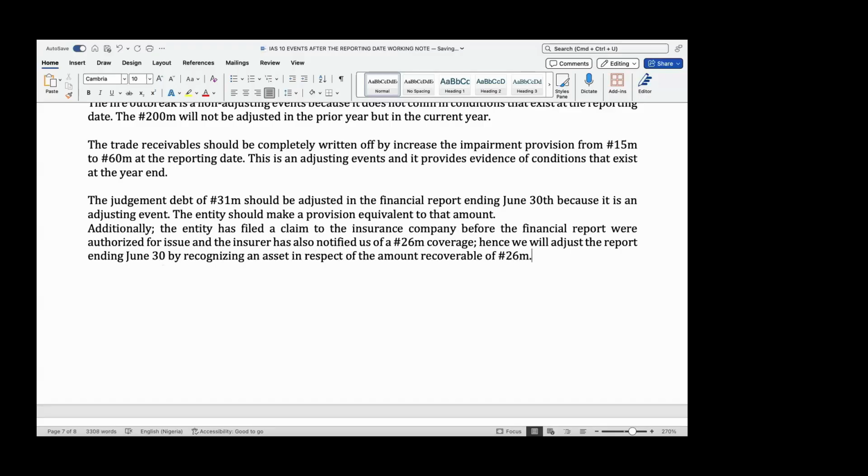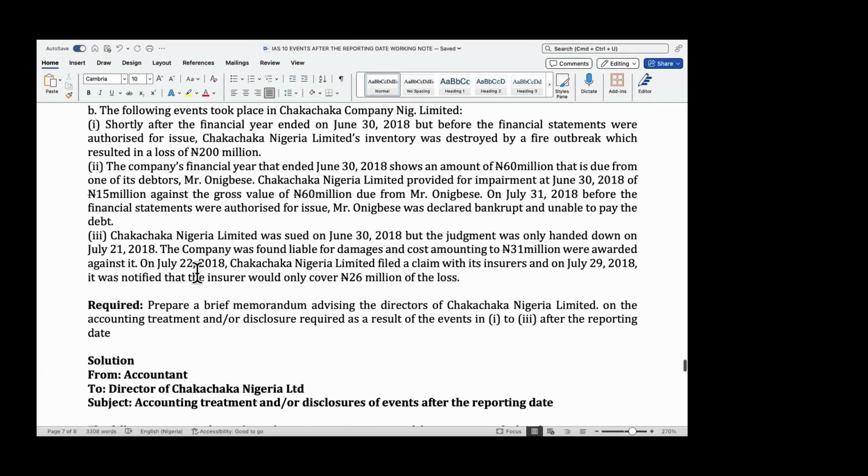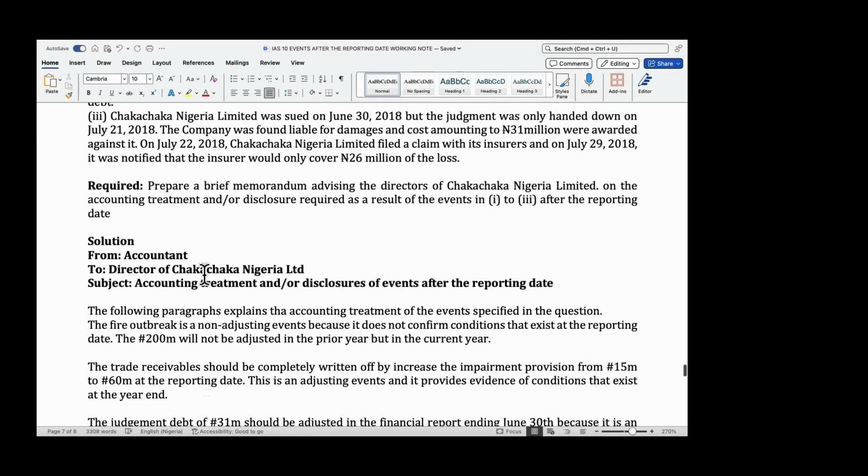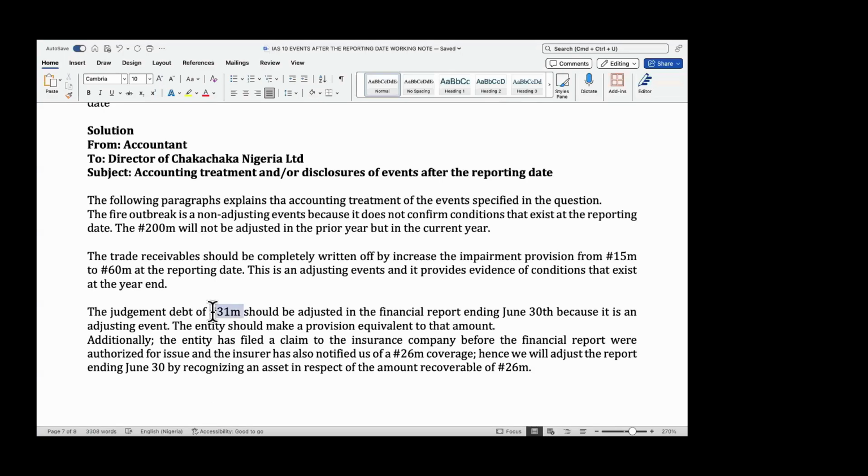Okay, so what I've been able to do here is that I did not offset, because offsetting is not allowed in this case. You need to present the assets and the liabilities separately. And I think I told you something like that in IAS 37. Under provisions, where there is reimbursement, when you're expecting a reimbursement, you should present it separately as an asset, as amount recoverable. So the 31 million, you're going to make a provision for that amount.